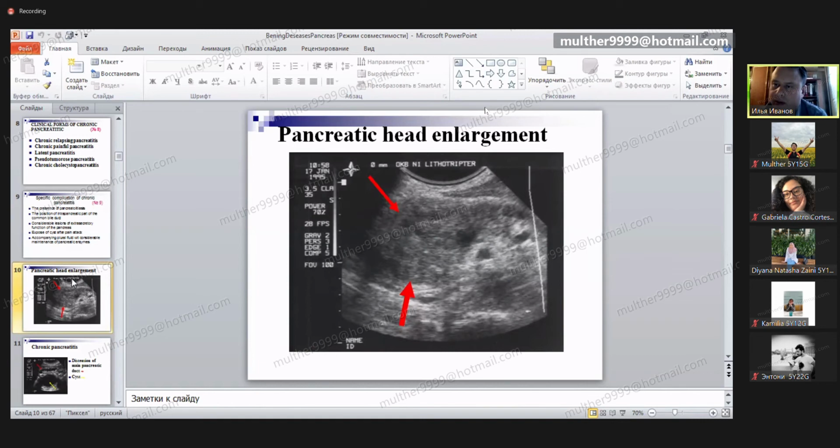But we need to remember about the possibility of development of type 1 diabetes mellitus. And in case of chronic pancreatitis, we can find exocrine problems. Clinically, it's the development of unstoppable diarrhea, malabsorption, and some other difficult problems with nutrition and the stool.